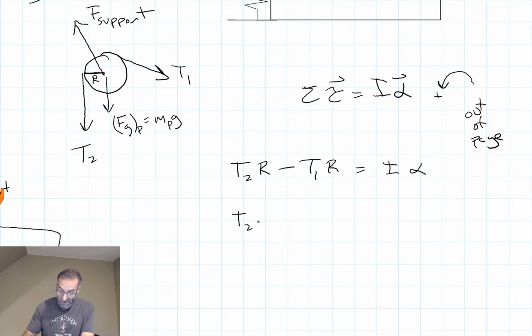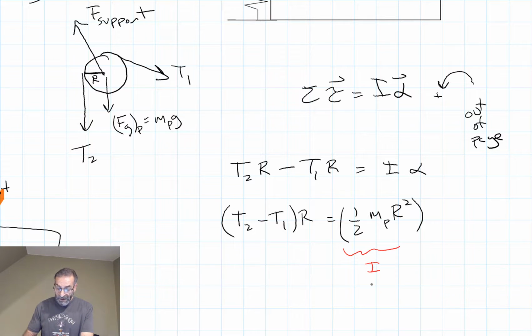So I've got T2 minus T1 times R is I for the pulley. The pulley is a solid disk, so that's 1/2 M pulley R squared is I times alpha. And we know that alpha and A are related. What's the acceleration of the masses? It's the same as the acceleration of the string. And the string goes over the rim of the pulley.